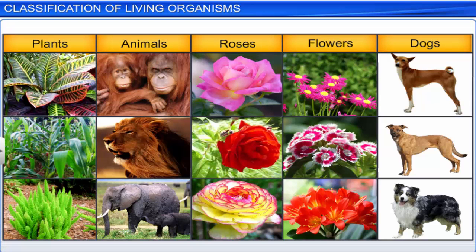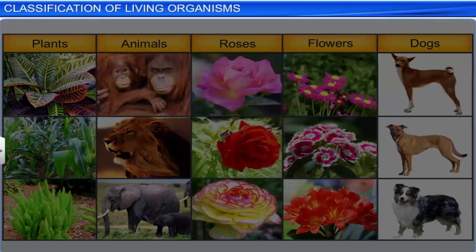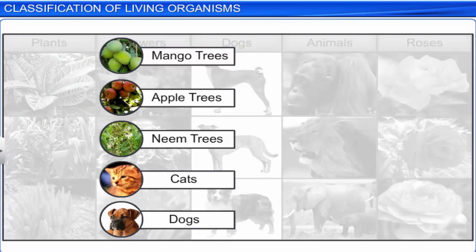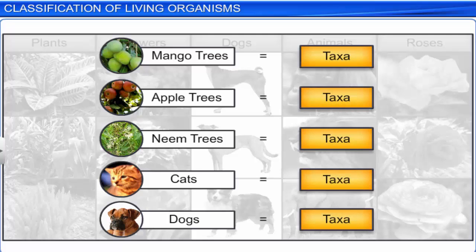For example, plants, animals, roses, flowers, and dogs are groups that we can easily recognize. Each group has specific characteristics and are convenient categories that help us to study organisms. The scientific term given for these categories is taxa.